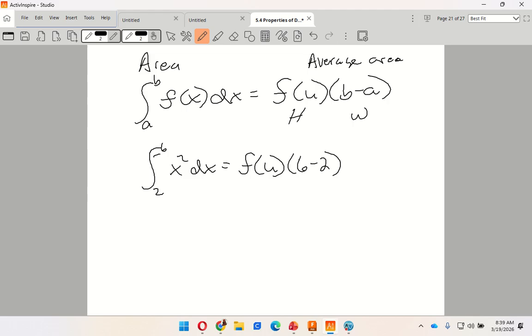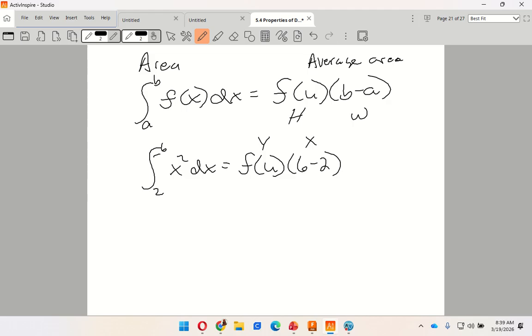No, this is just the y value I'm looking for. Oh, okay. So in an ordered pair or coordinates, this is my y and this is my x. Okay, height and width. So whatever my width is times whatever my height is. Make sense? Okay. There's going to be some value of x that has the y value which, when I multiply it times 4, gives me the same value as the actual area.